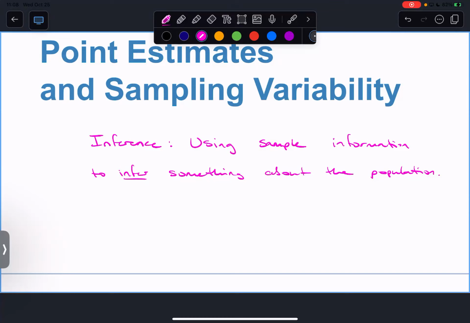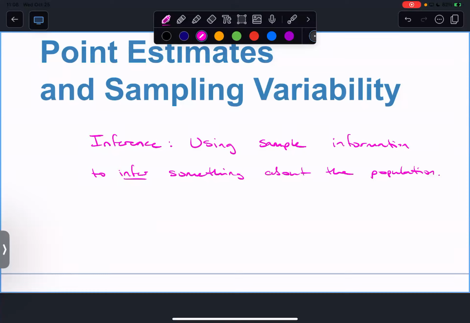Where we're starting in chapter 5 is with the first type of question. I'm going to emphasize that there are different types of questions, because that's going to help you figure out where to go on your formula sheet, for example, and how to tackle the problem.